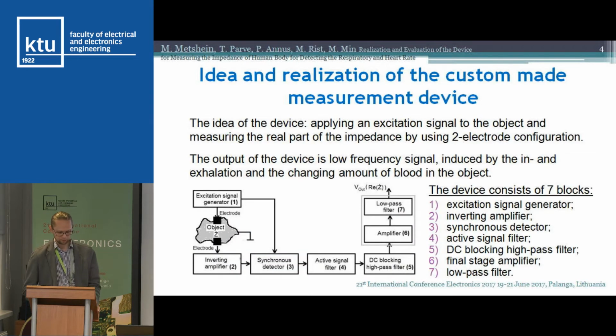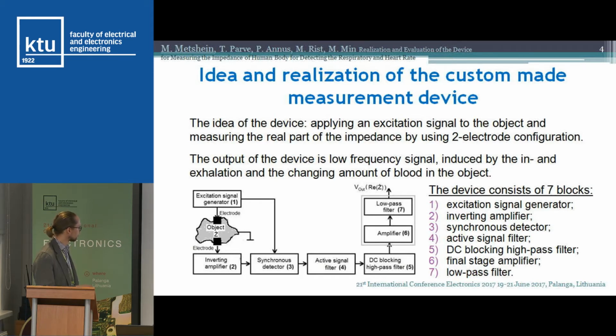So firstly, the idea of the device is to apply a certain signal onto the object and measure the real part of the total impedance in two electrode configuration. The excitation signal is generated by an oscillatory chip. It is a square wave signal of adjustable frequency.